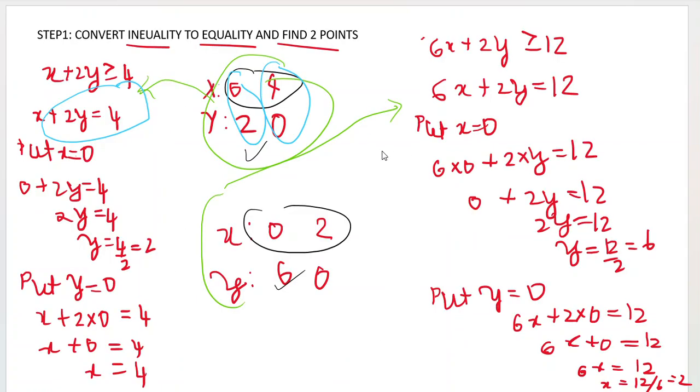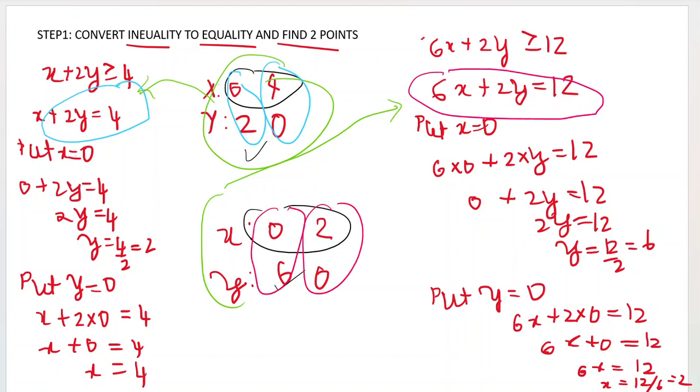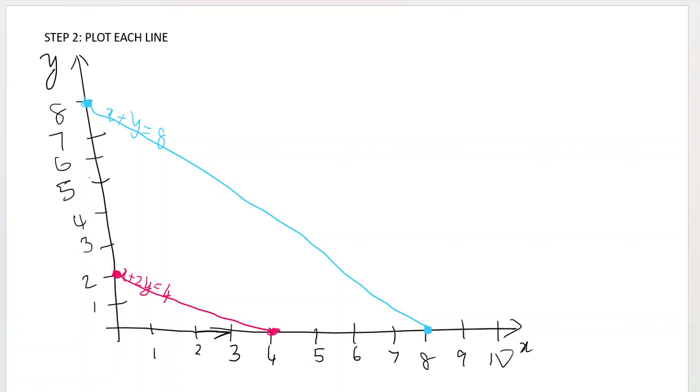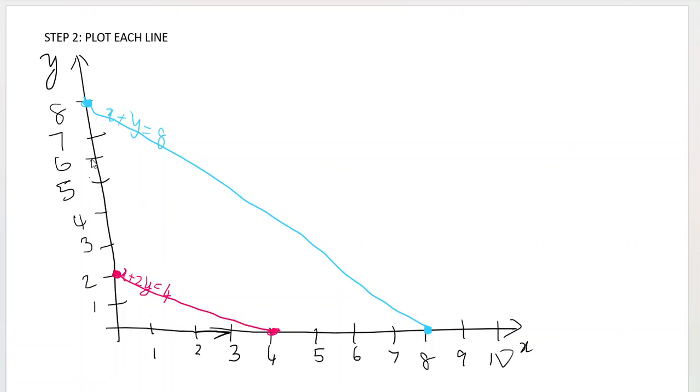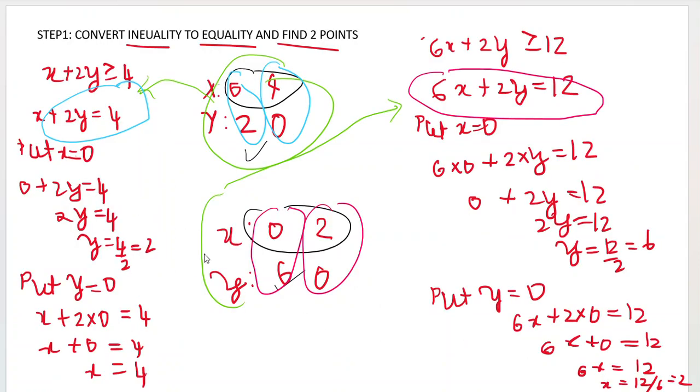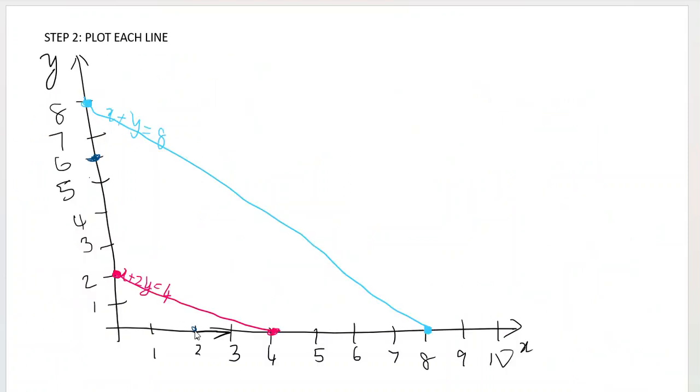Similarly, now we do the third line. The third line is 6x plus 2y is equal to 12. Points are 0, 6 and 2, 0. So when y is 6 we have a point here, and the other thing is x is 2, so we are here.